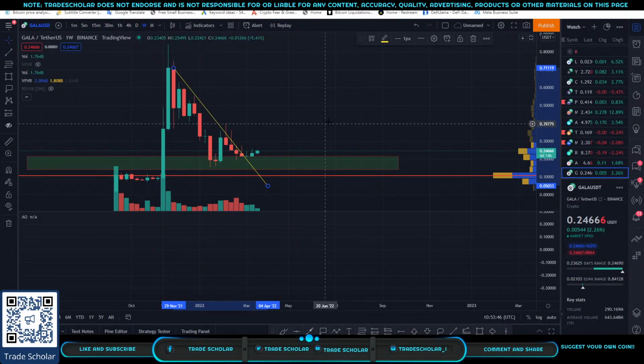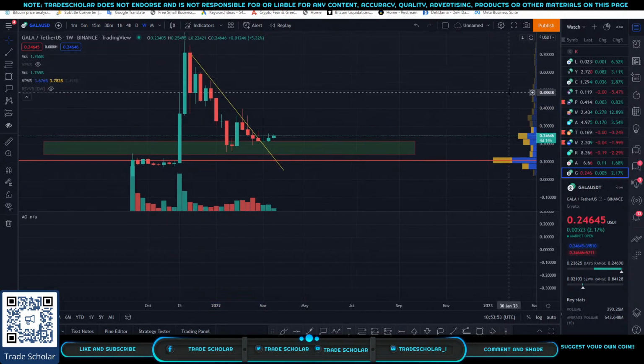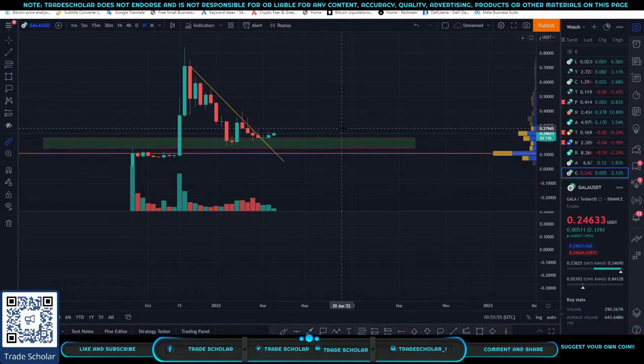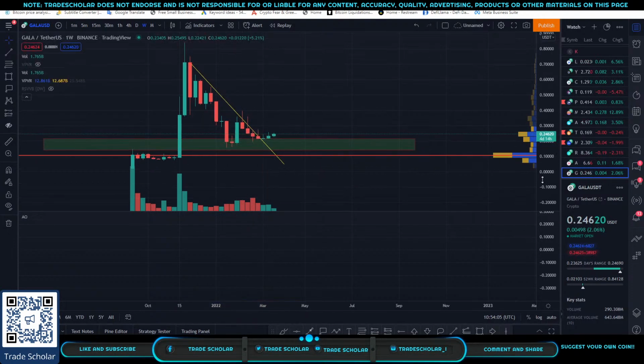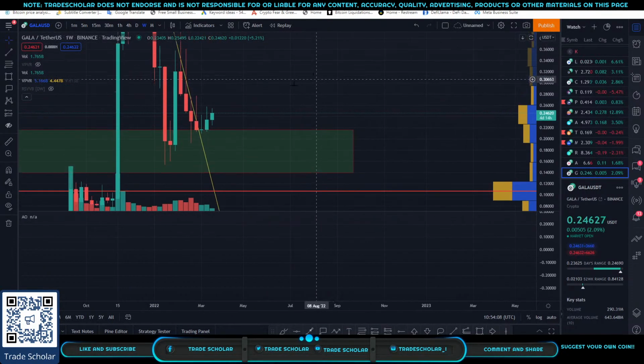Okay, we have a breakout already. This should be a pump starting from this price here. So if you trade this, stop loss is right here. This is still negative 45 because this is the weekly time frame. That's a lot of drop, right?